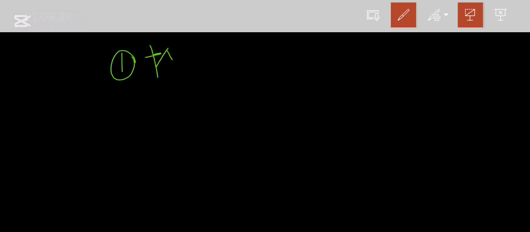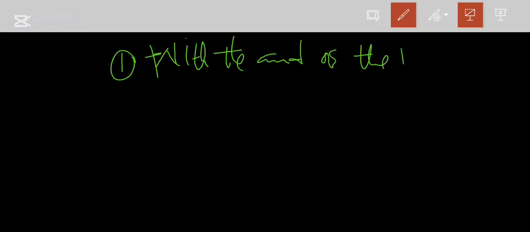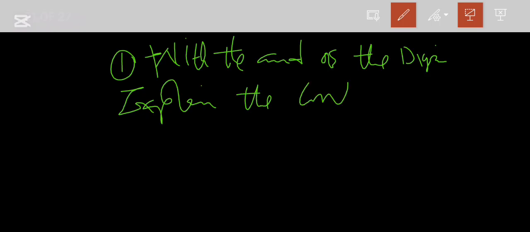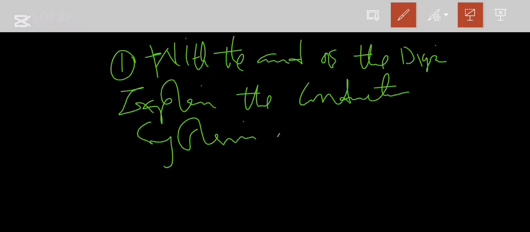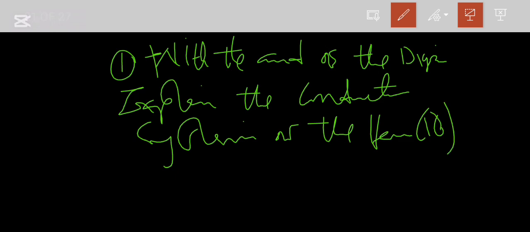With the aid of a diagram, explain the conduction system of the heart. Okay, 10 marks. With the aid of a well-labeled diagram, explain the conduction system of the heart. It is as simple as this.